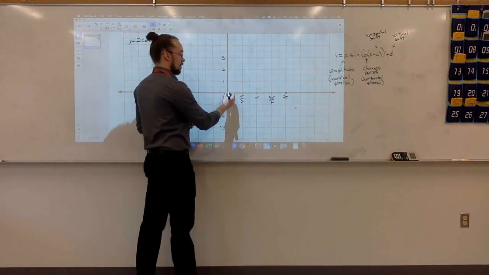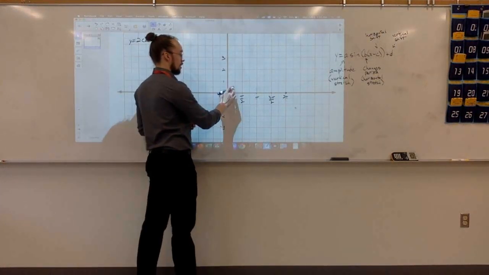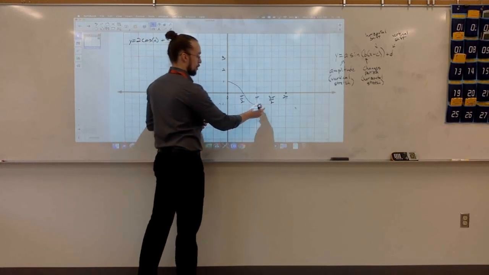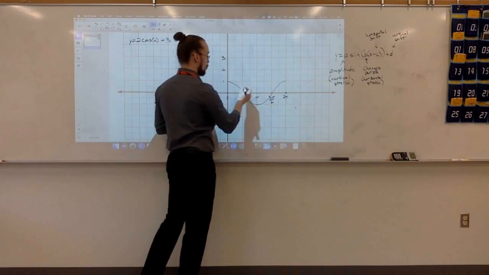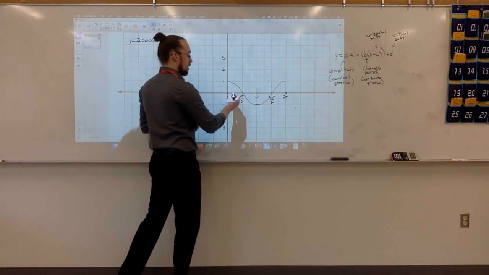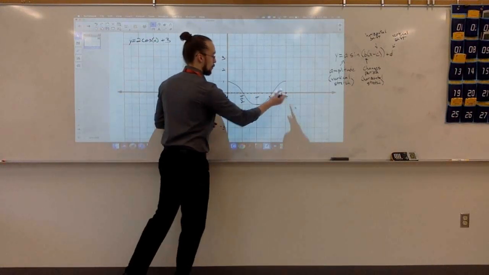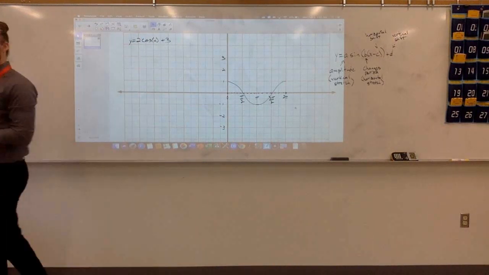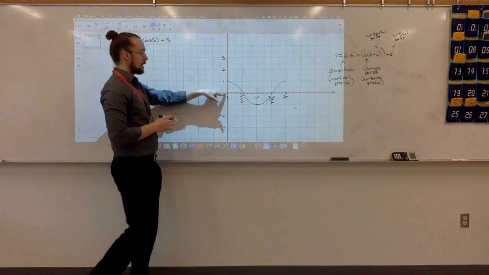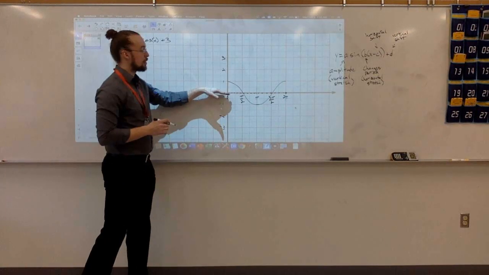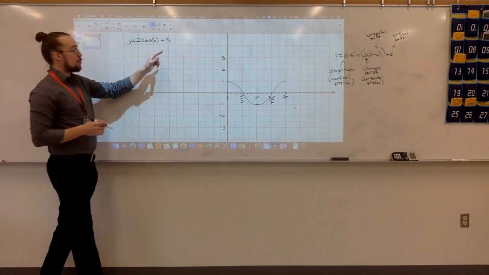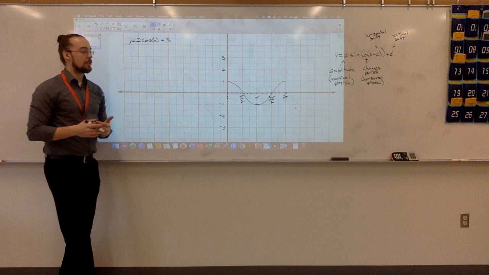So if I'm going to graph cosine real quick here, this is what one period of cosine would look like. We can think about a midline going right through the middle, on the x-axis. The easiest way to think about what this value does is that it shifts where the middle of the function is. Normally the middle of the function is on the x-axis.